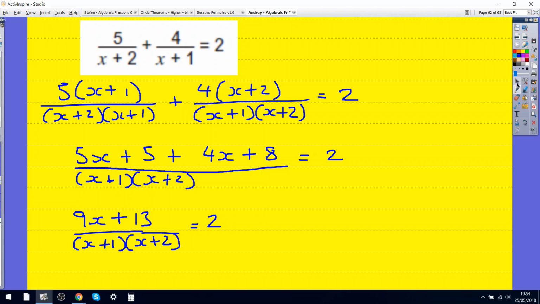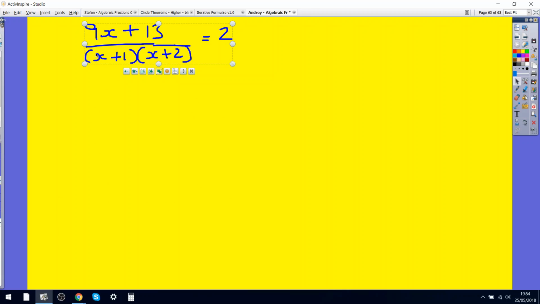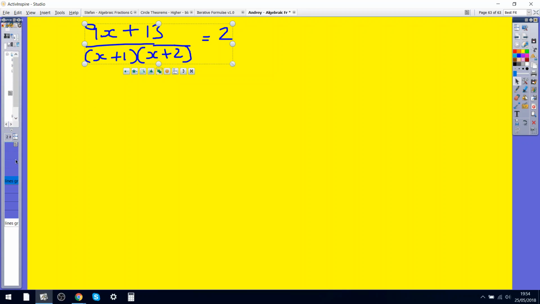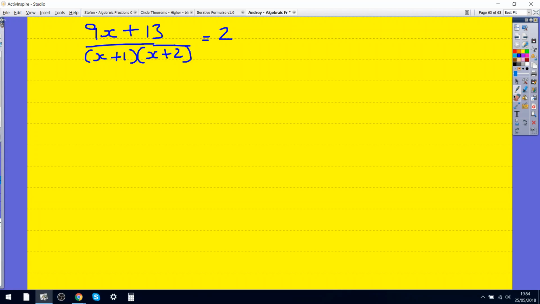And then would I then take the denominator and times it by the 2? So what would you get? So 9x plus 13 equals 2 times x plus 1 and x plus 2.